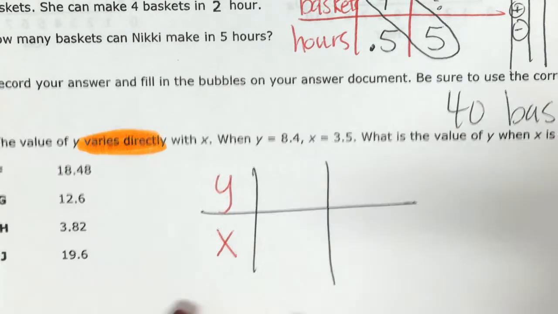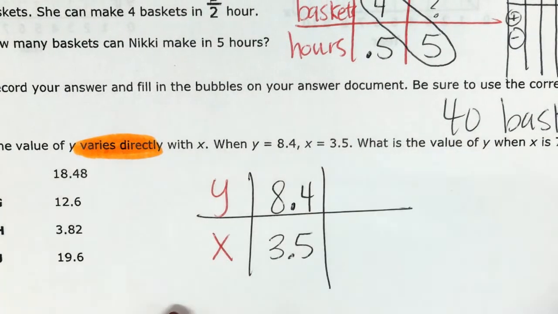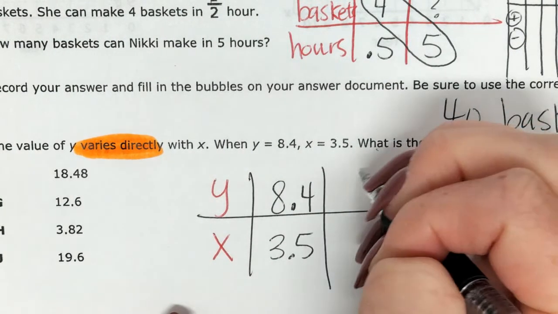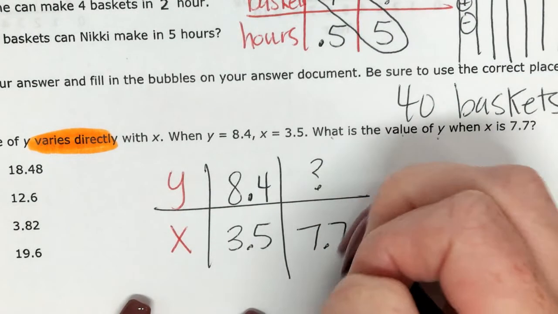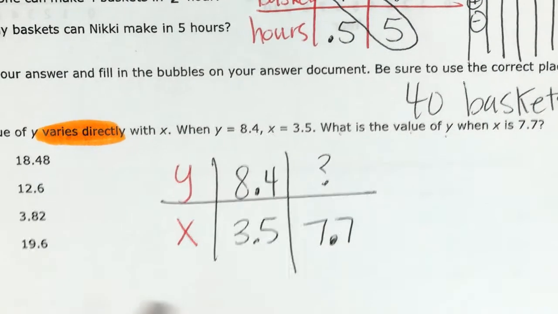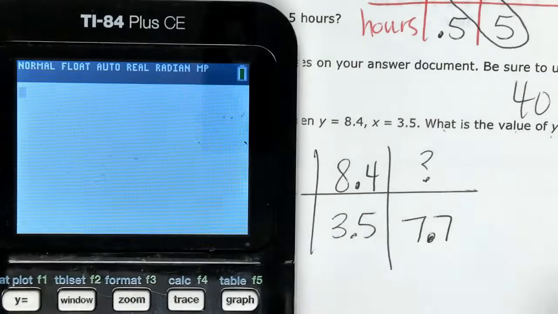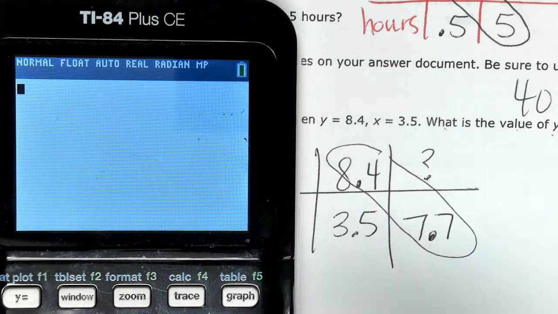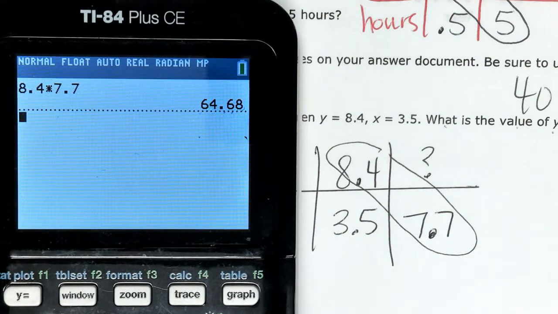All right, here we go. Y is 8.4. X is 3.5. What is Y? Don't know. When X is 7.7. So I go to my calculator. I'm going to cross multiply. 8.4 times 7.7. Hit enter.